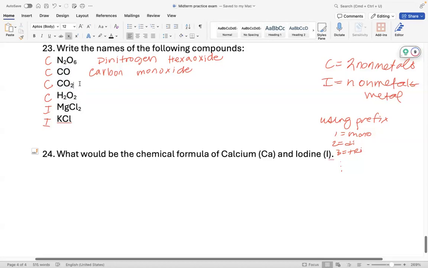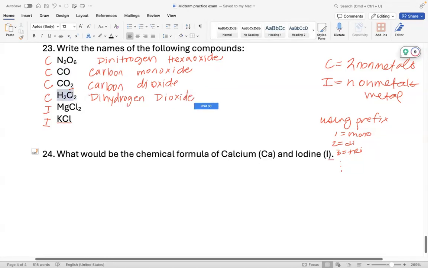All right, so carbon dioxide. I'm getting the di from the 2 on the second element. H2O2. All right, so dihydrogen dioxide.